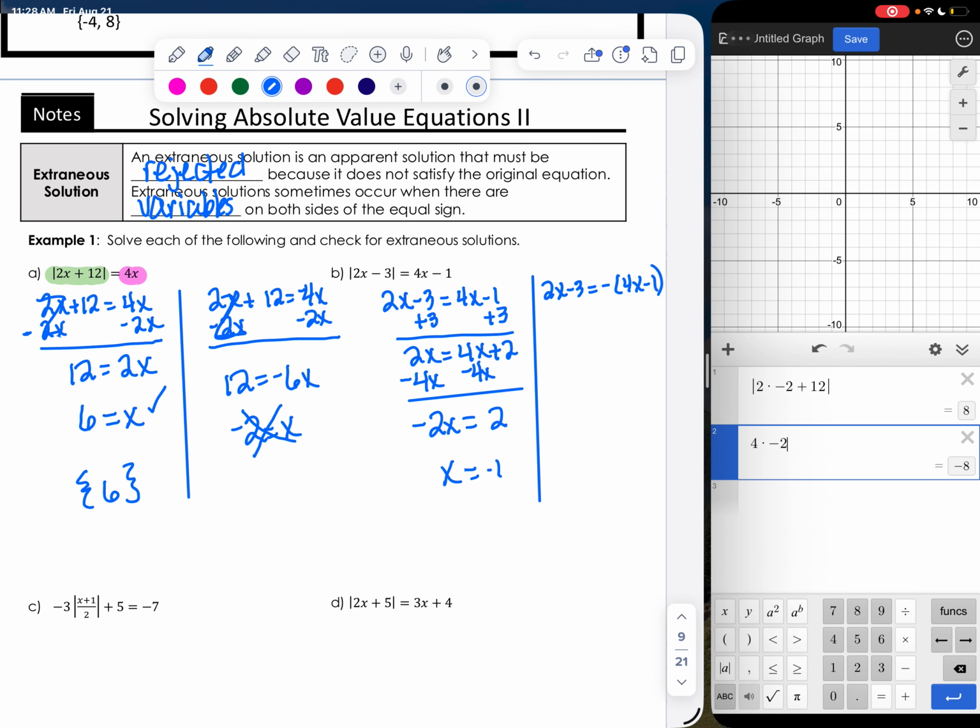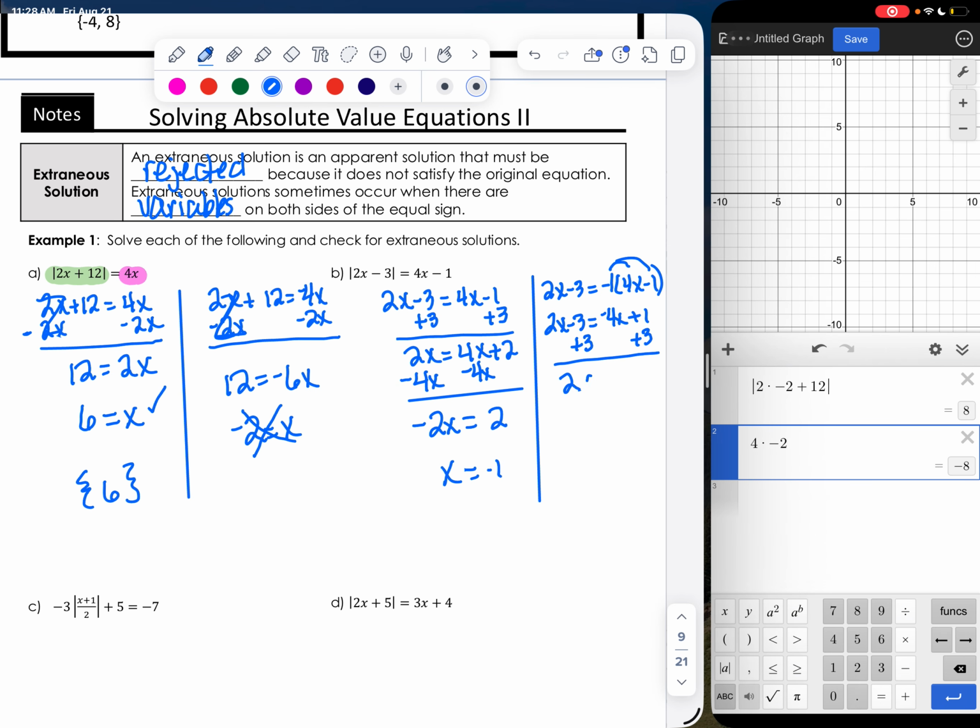All right, now let's solve the other side. 2x minus 3. Now be careful here because this is an understood negative 1, and I must distribute that to 4x and negative 1. So negative 1 times 4x, negative 4x. Negative 1 times negative 1, positive 1. All right, now let's solve it. I'll start by adding 3 to both sides.